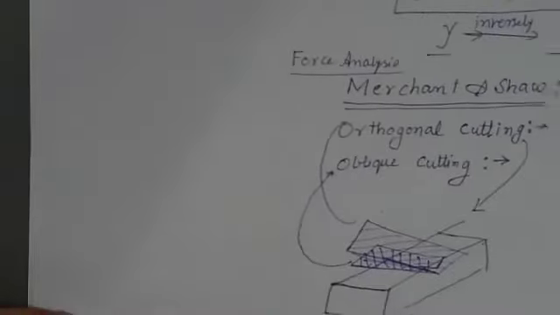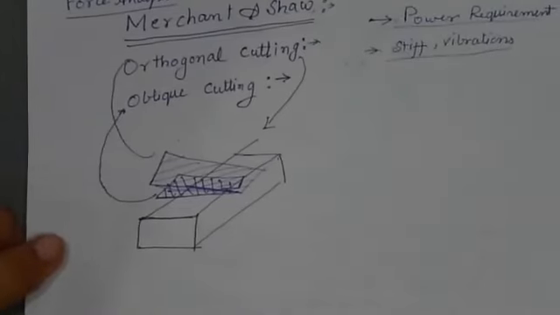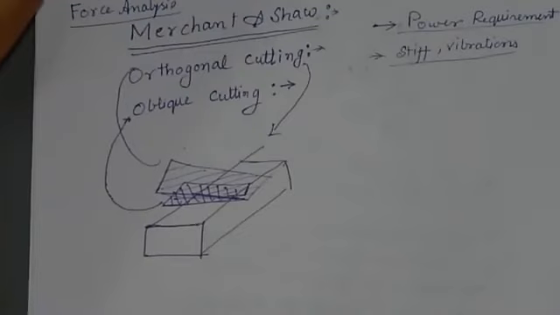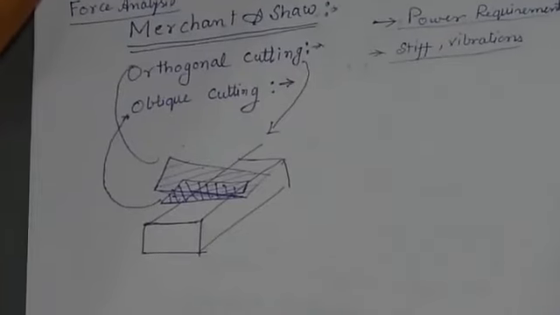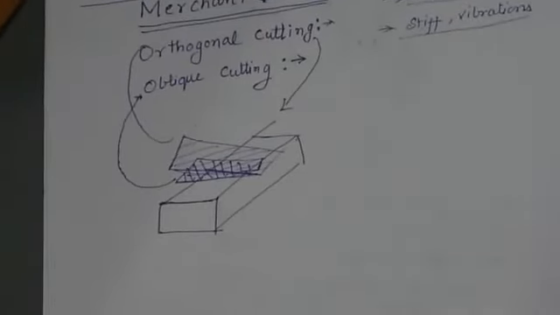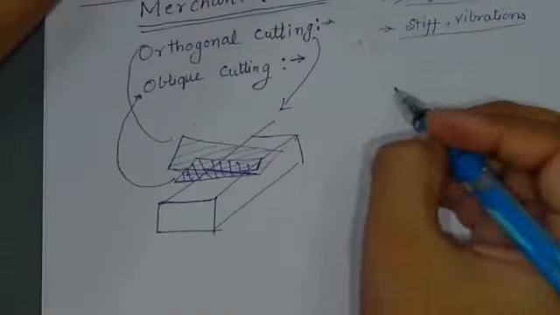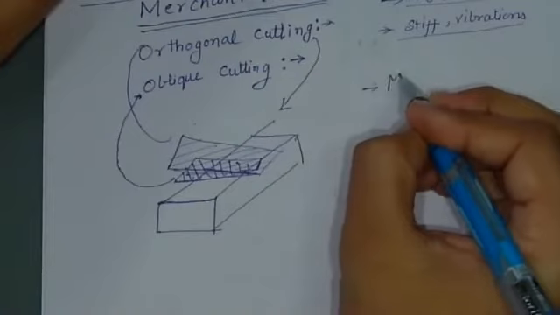So Merchant has proposed a basic physics-based analytical model for determining various forces involved in the machining operation, and then he designed a circle on the basis of that force equilibrium, and that circle is called the Merchant circle.